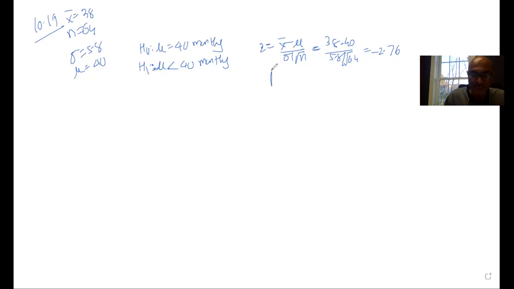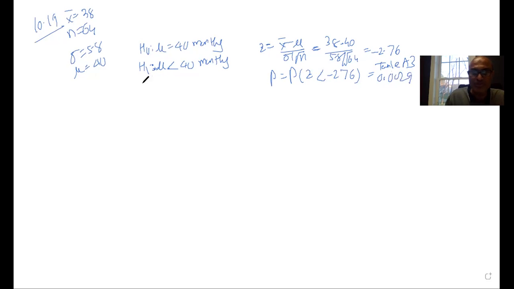So my p-value, P is equal to probability of Z less than negative 2.76. And if you go to table A3, negative 2.73 corresponds to 0.0029.